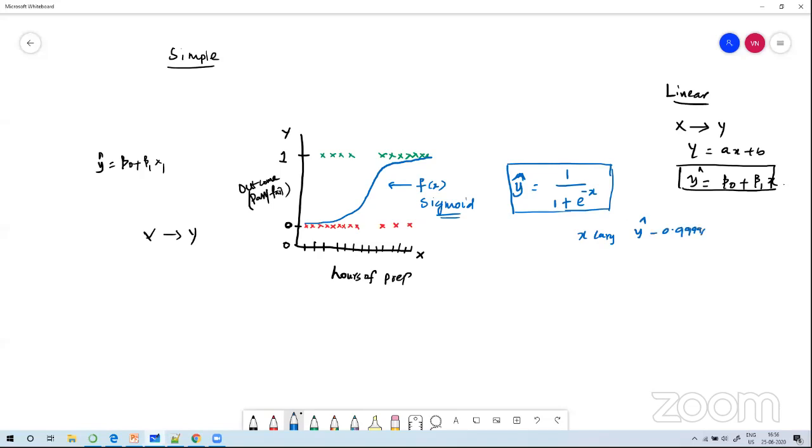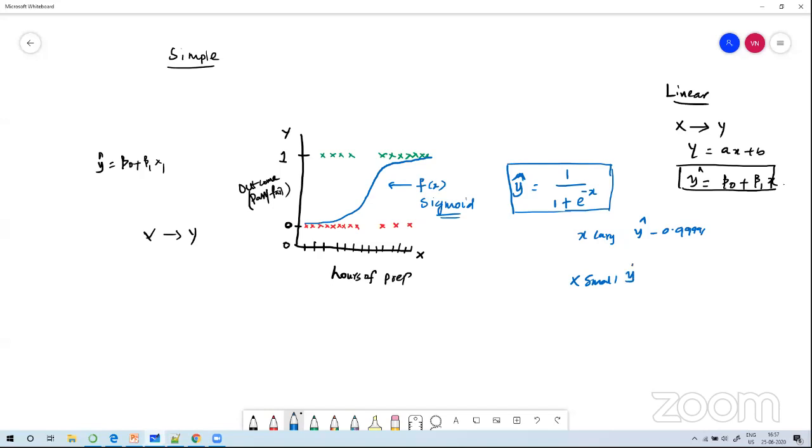When x is very small, let's say we take x as minus 2, 1 by 1 plus e to the power of minus 2, that is e to the power of 2, e square, 2.7 square, which is going to be, let's say, 6 something. 1 by 6 plus 1, or 1 by 7, it's much closer to 0, right?